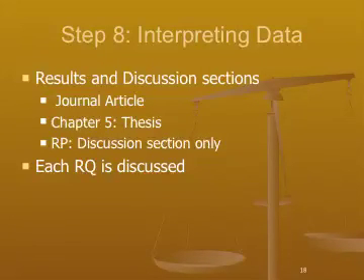The next step is, after we've analyzed the data, we have to interpret the data. What the heck does this mean? We got all these numbers. We have to interpret what it means. Again, this is going to be the results and discussion sections, so it cuts across two different sections for a journal article. And then in a thesis, it's its own chapter. We will call this the discussion section in our thesis.